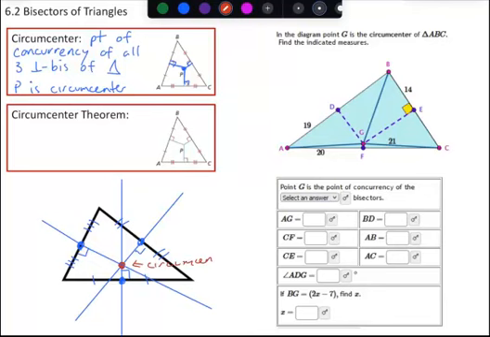Now, here's what the circumcenter does. Okay? And so it's this circumcenter theorem, which states that the circumcenter of any triangle is equidistant from each vertex of the triangle.